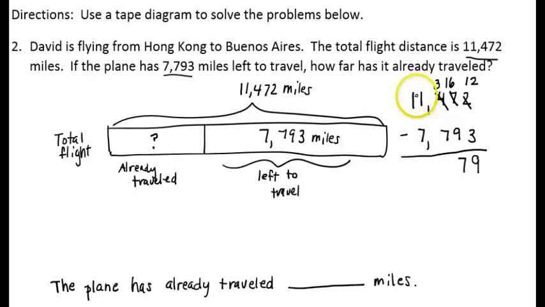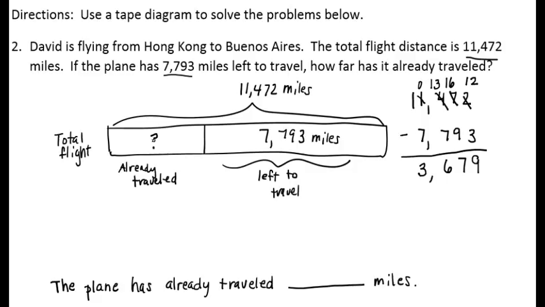I'm going to take a group of 1000, which leaves 0 in my thousands place. I'll decompose that into 10 groups of 100. That leaves me with 13 groups of 100 minus 700, which is 600. Now I have 10,000 and I'm going to subtract 7,000. 10,000 minus 7,000 is 3,000.